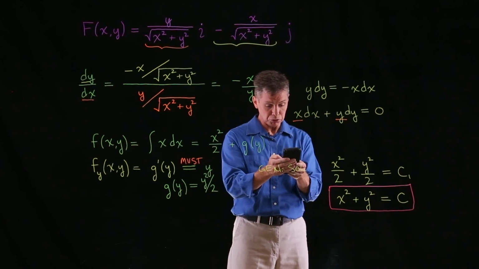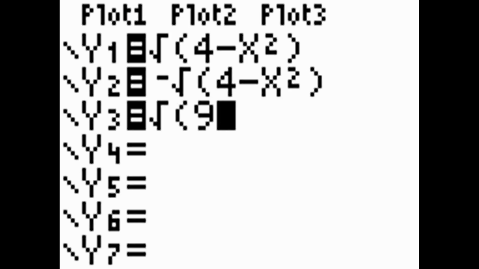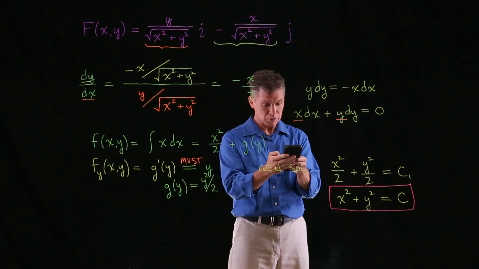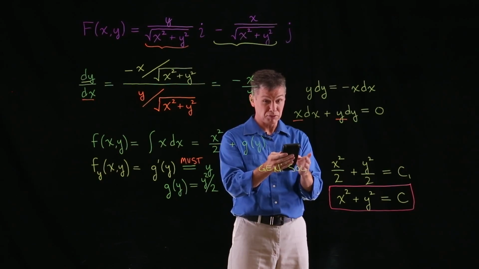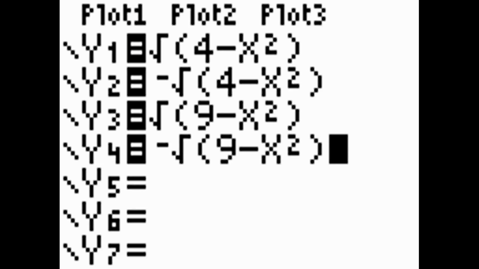So I will also do my y sub 3, square root of 9 minus x squared, and finally a y sub 4, the negative square root of 9 minus x squared. Get all 4 of those in the same axes by hitting graph.